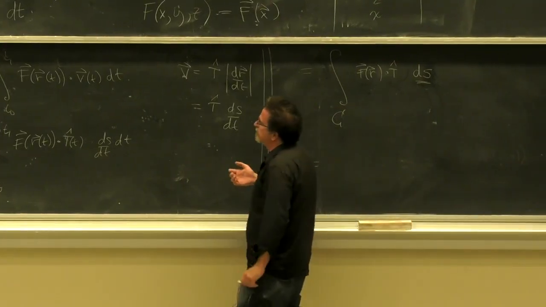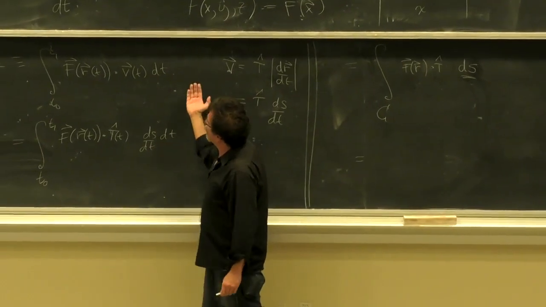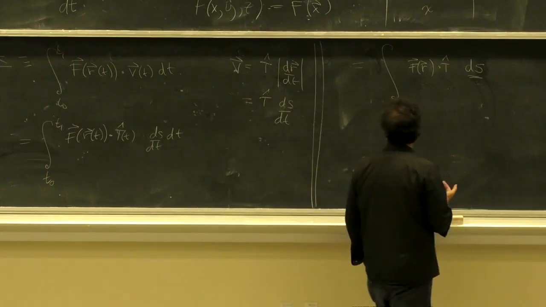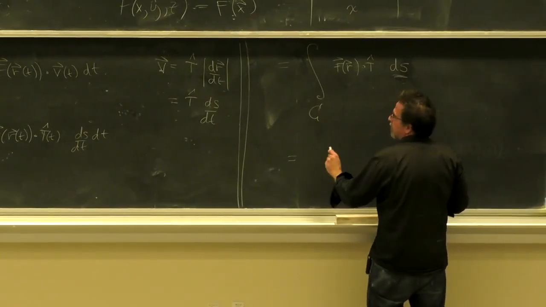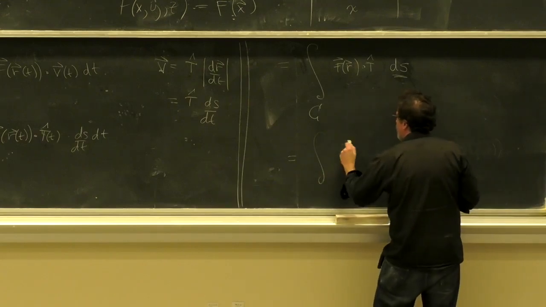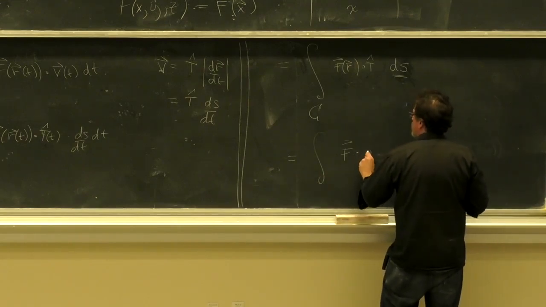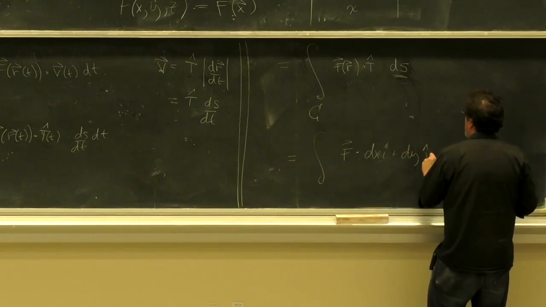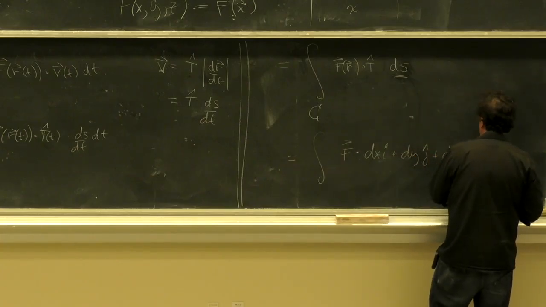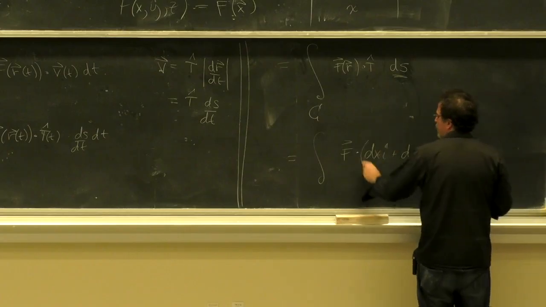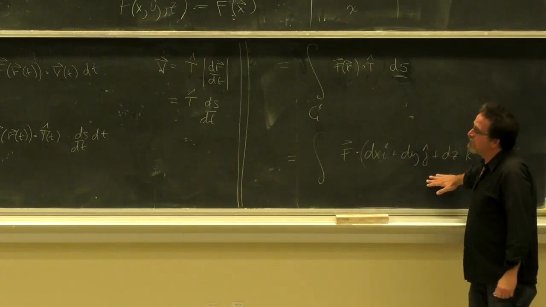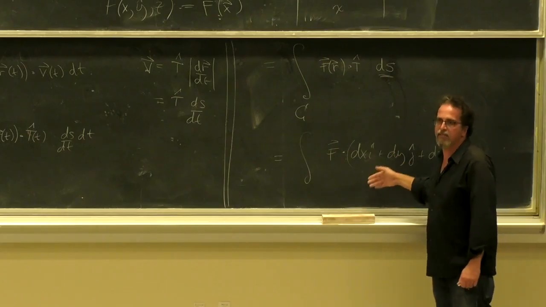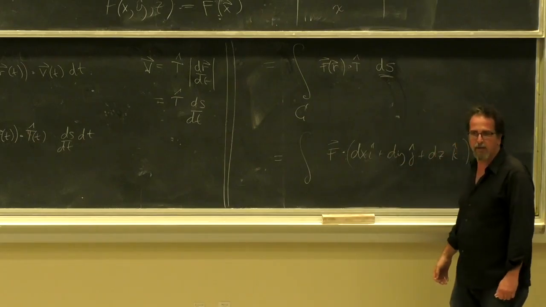That being said, what the differential form recognizes is that each component of v dt can be written as, I'll write it out, the integral F dotted into dx i hat plus dy j hat plus dz k hat. This is the v vector dt, because v is dx/dt, dy/dt, dz/dt.